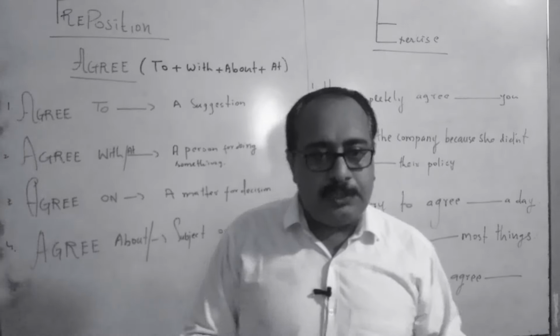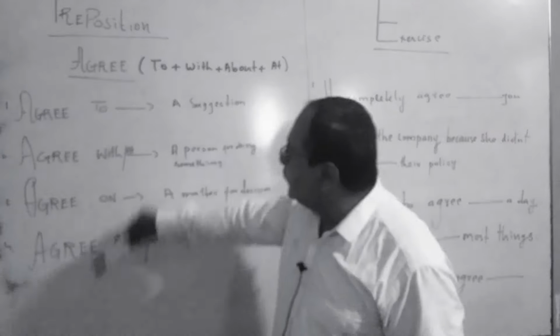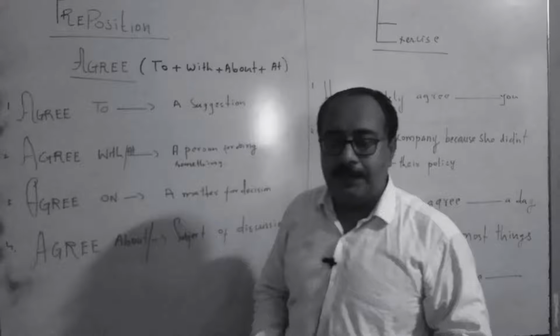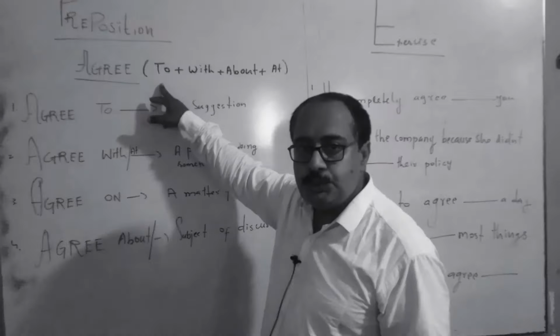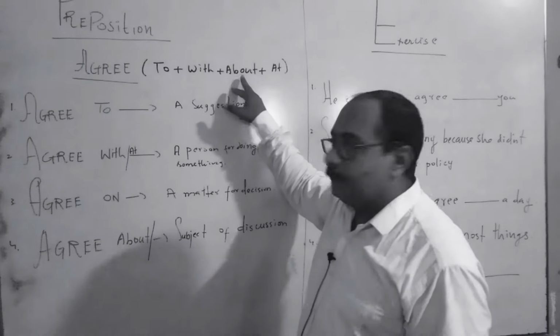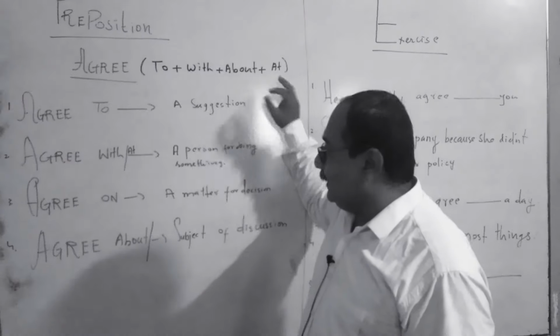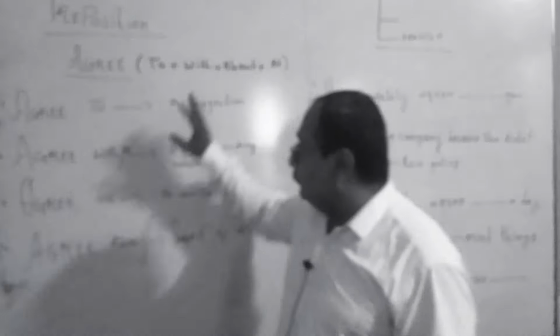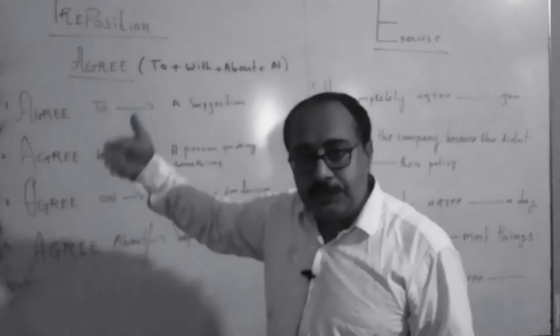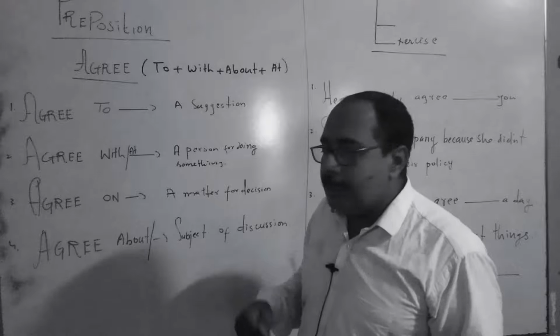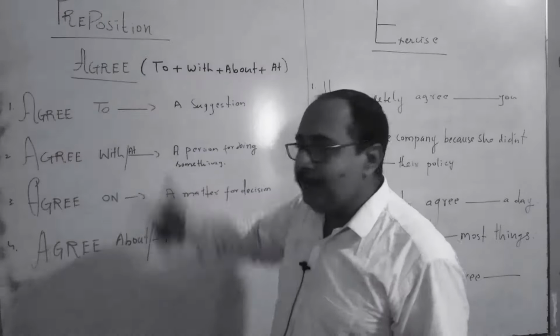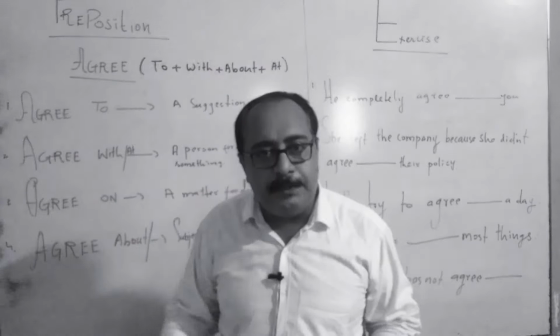Today the new word is agree. Now this word agree can take the prepositions to, with, about, and on. Even sometimes, if it is intransitive, then in can also be used. How do we come to know which preposition will be appropriate?